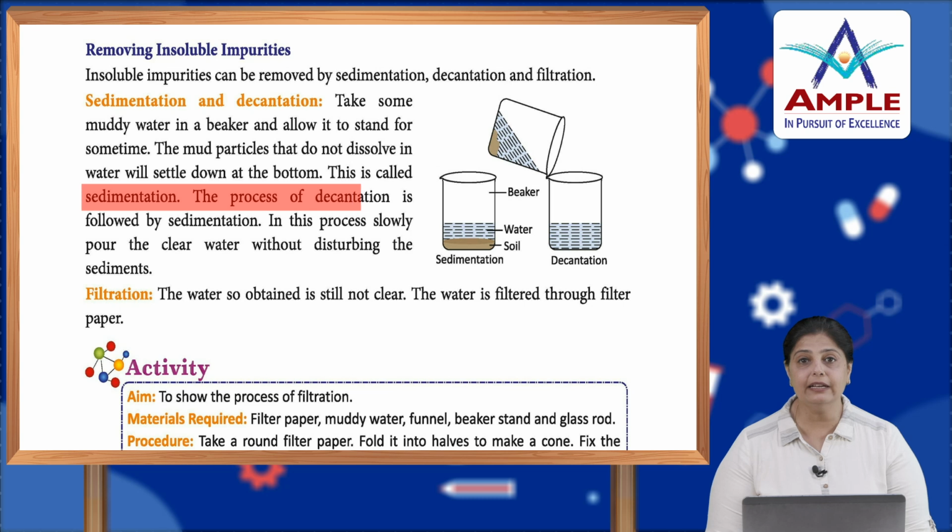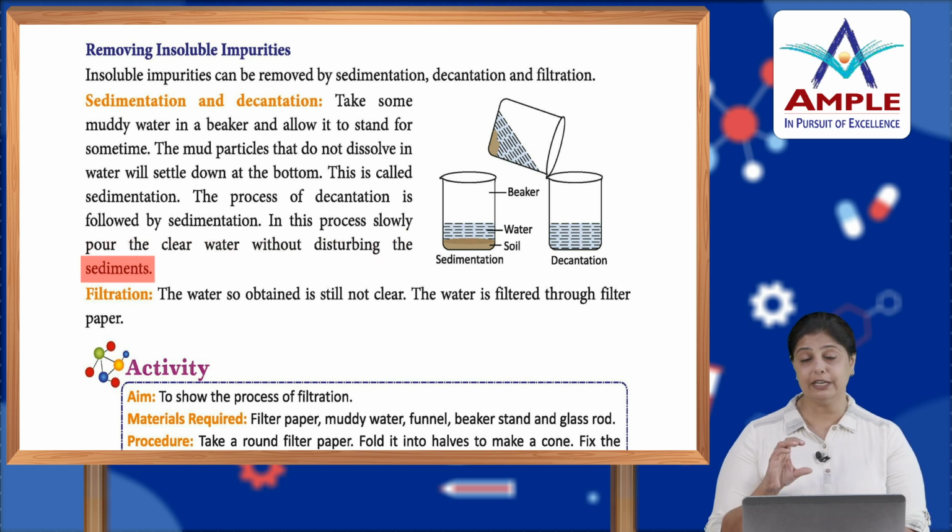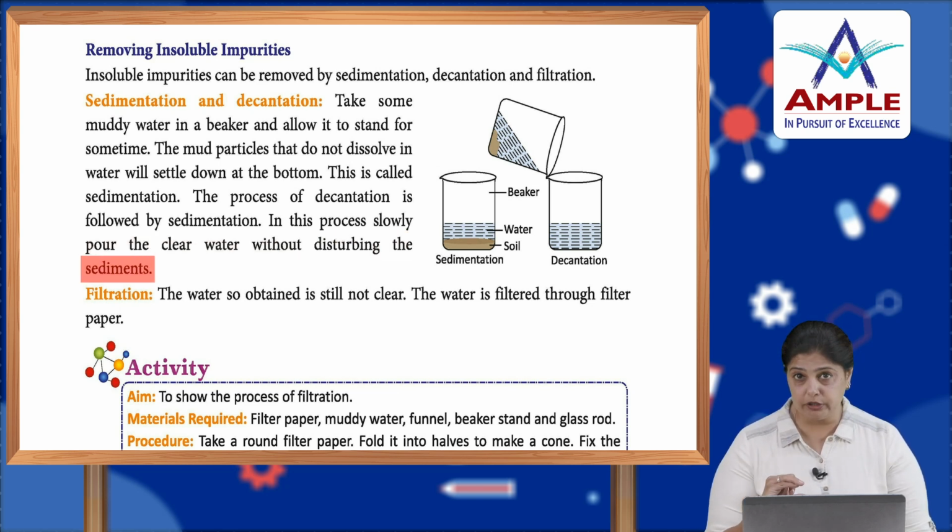The process of decantation is followed by sedimentation. In this process, slowly pour the clear water without disturbing the sediments. Whatever sediments are there at the bottom could not get dissolved in the water, and there is water above that.